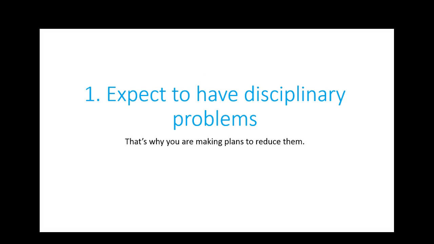Number 1, expect to have disciplinary problems. This might sound a little negative, but it is quite realistic. You are going to have disciplinary problems, most likely, and that's why you are making plans to reduce them as early as possible.